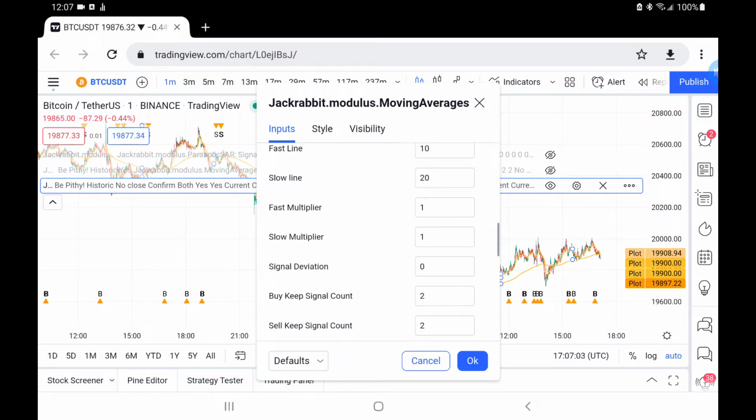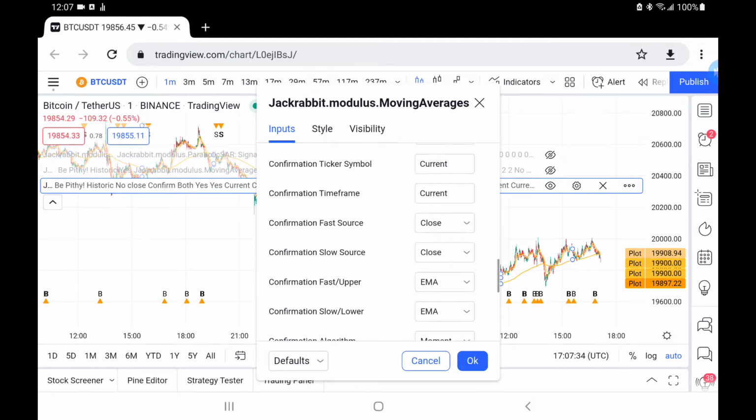That is, the signal holds true for two candles. This is important because this is actually how you control how aggressive this moving average is. The more candles you keep for the signal, the more aggressive it becomes. The less candles, the less aggressive. And I will demonstrate that very simply in terms of the uniqueness of this approach.